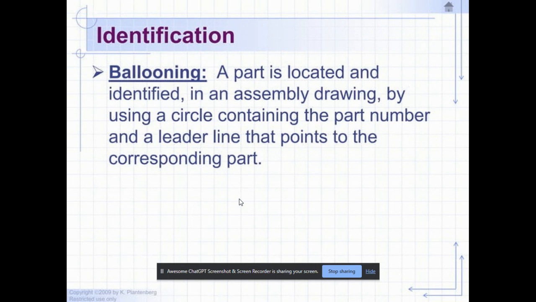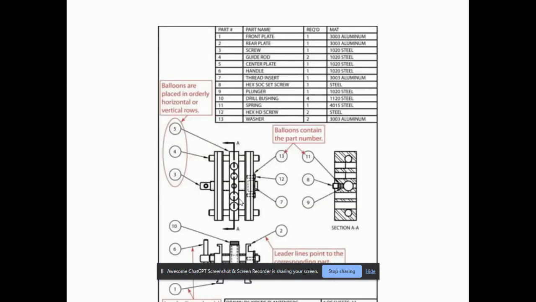The ballooning is where we have the circle with the number inside. We'll look at how to practically use that using the AutoCAD Mechanical software. So this is a pictorial drawing of all that we are talking about. We have the part list, the balloons, the sections, the cutting plane, and the necessary views all combined together to help us understand what we are doing.